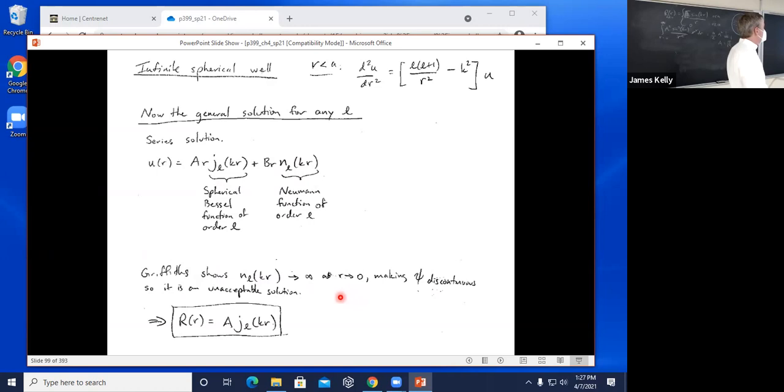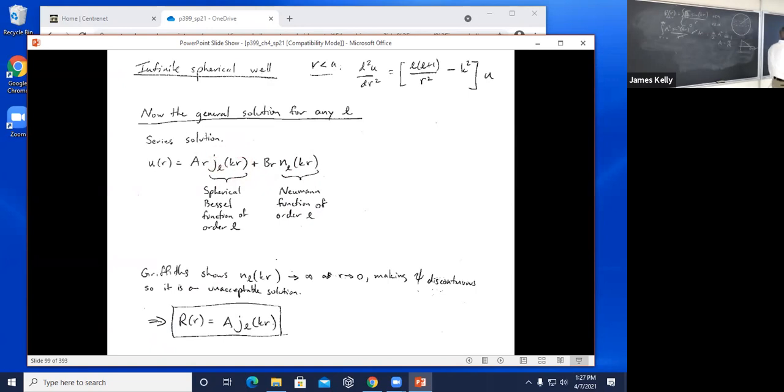Okay, and therefore, when I divide by r to get the r solutions, that part of it would be discontinuous, and therefore we're going to take that b constant to be 0. In other words, we're looking for continuous solutions. Psi has to be continuous, and so for R to be continuous, we have to throw away this because N behaves badly.